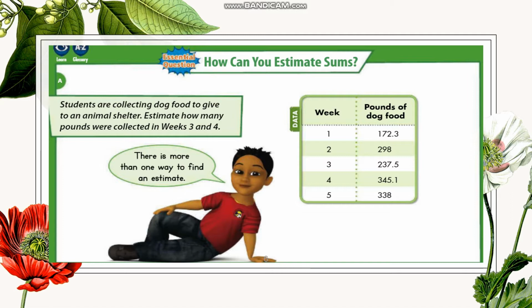So estimate how many pounds were collected in week 3 and week 4. As you can see, this is week 3 and this is week 4. We have 237.5 and 345.1. Always remember that there is more than one way to find an estimation.